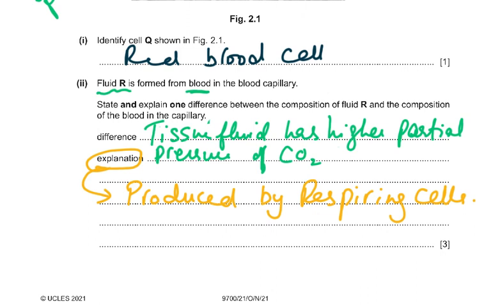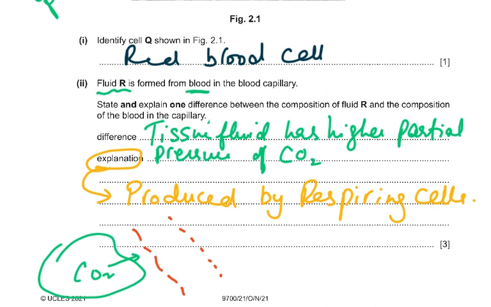Another possibility is you could have said that the tissue fluid has a higher partial pressure of carbon dioxide. Now you've got to understand what I'm talking about. This is the cell, which is an actively respiring cell. So a lot of carbon dioxide is produced, so it goes into the tissue fluid. But before it can go into the capillary, this is the capillary which I'm showing with the dotted line.